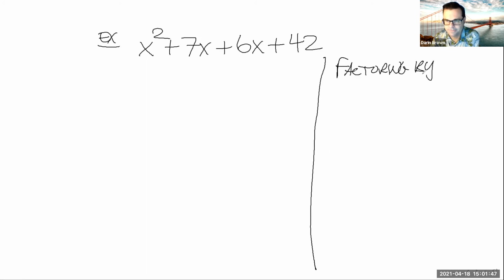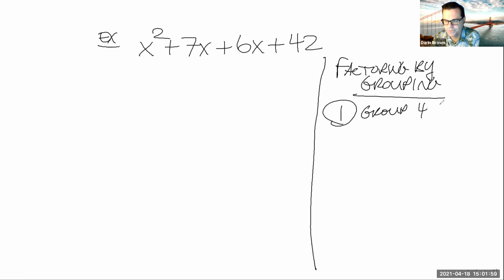I already mentioned that factoring by grouping was like unfoiling. So you think about the steps that you do when you're foiling. You're just going to do them in reverse. So the first thing is you're going to group the 4 terms into 2 pairs. So you could just take like the first 2 terms and the last 2 terms.